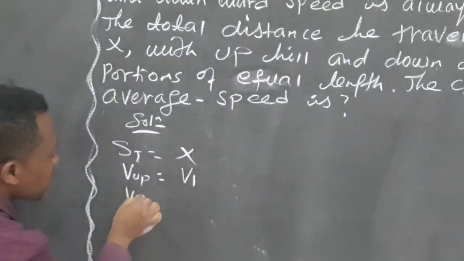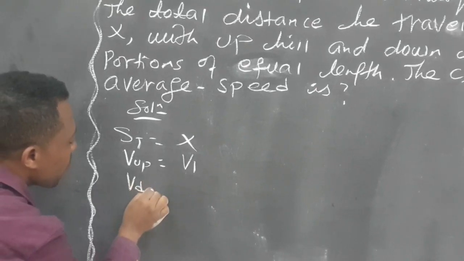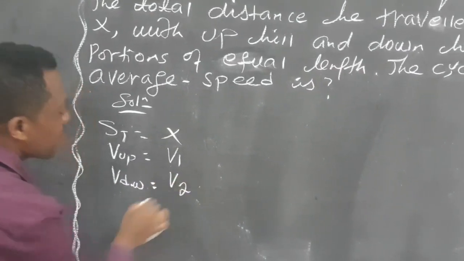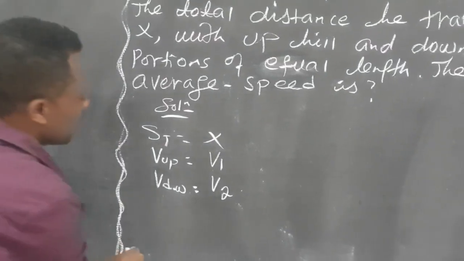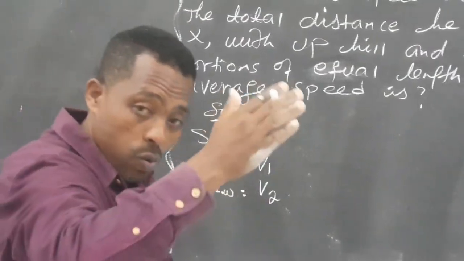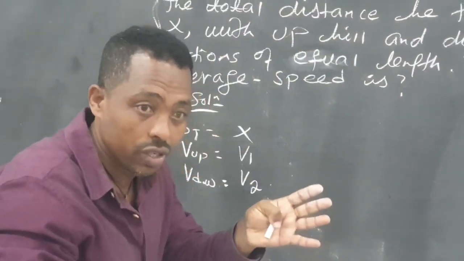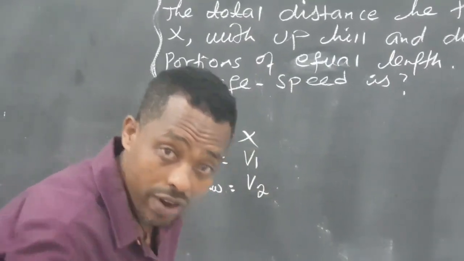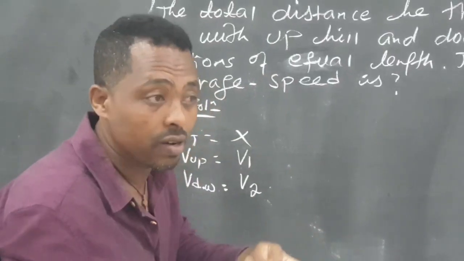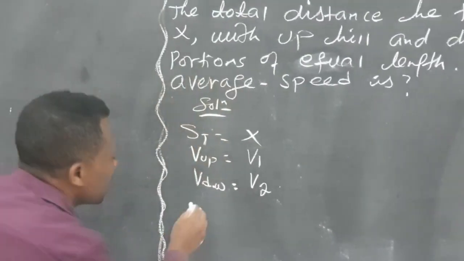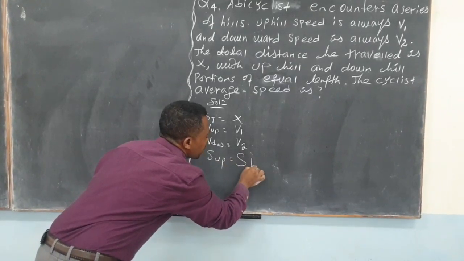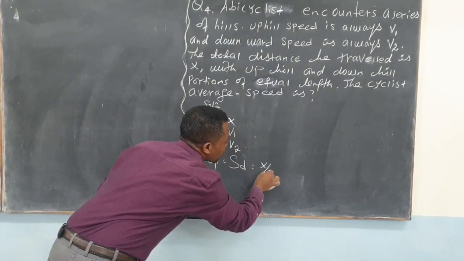The downward speed is given, that is v2. The upward portion and the downward portion are equal. That means the upward displacement is half of x, and the downward displacement is half of x. That means s up equals s down, which is simply x over 2.